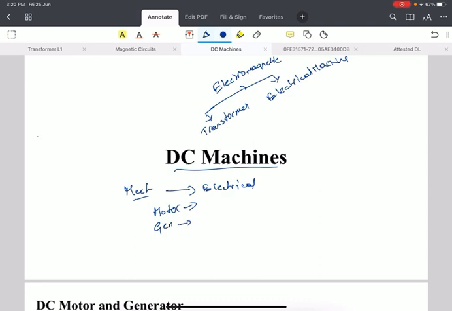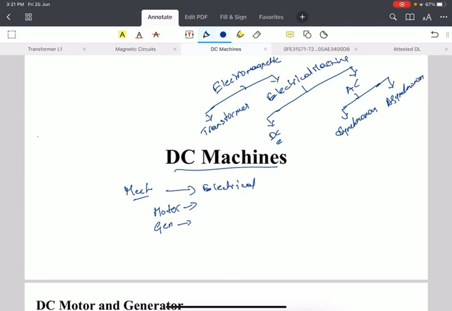As I told you, in electrical networks we have basically two types of machines based on the input. If it operates on DC voltage, then it's a DC machine. If it operates on AC voltage, then it's an AC machine. DC machines are what we will be studying in these lectures, and AC machines are of two types: either synchronous machines or asynchronous machines.